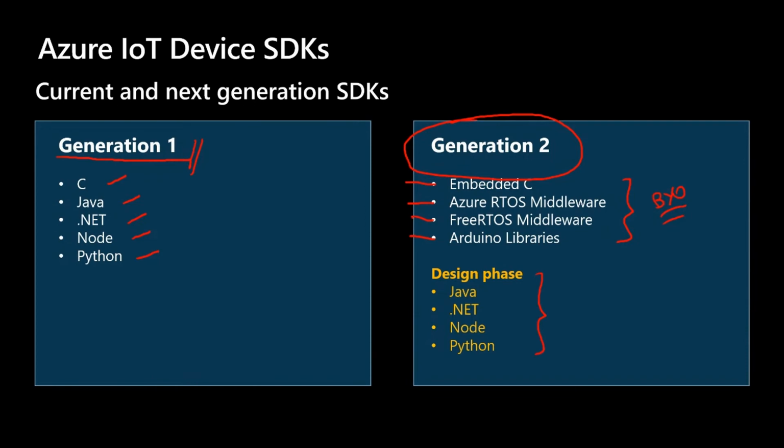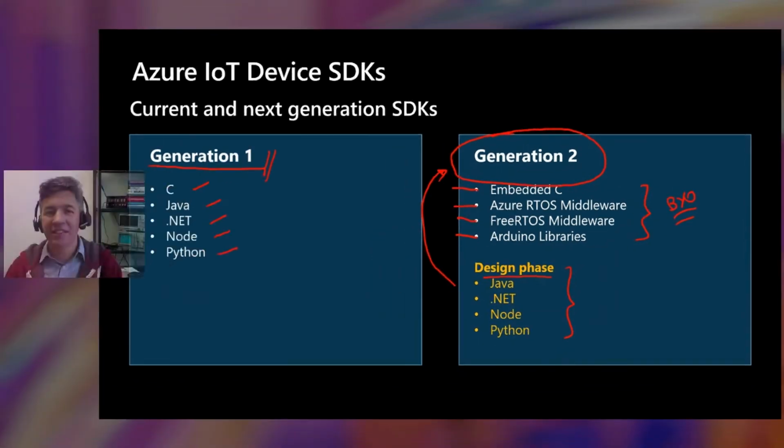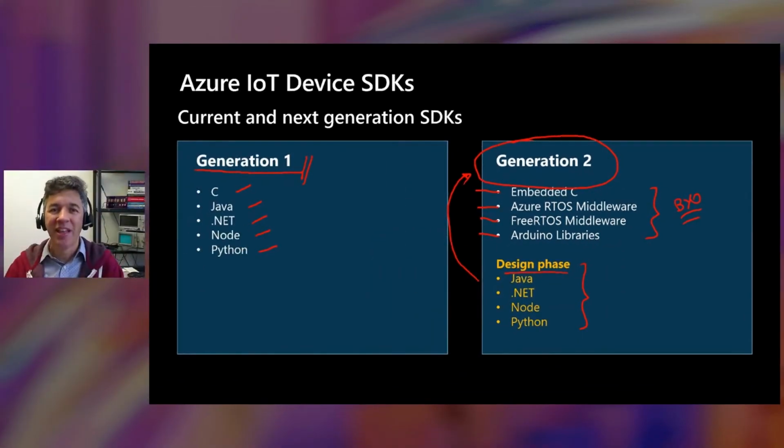And we are in design phase to bring not only the C based SDKs, but all of the other SDKs also to generation 2. Right now, they are in design phase, so we don't have a date for this yet, but this is where the Azure Device SDKs are headed for.